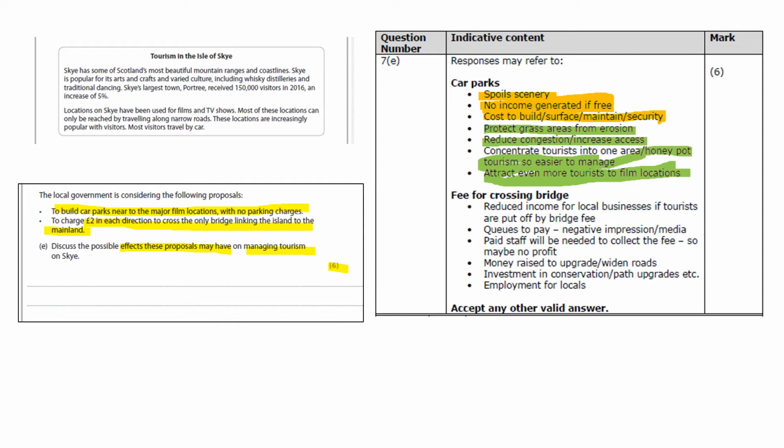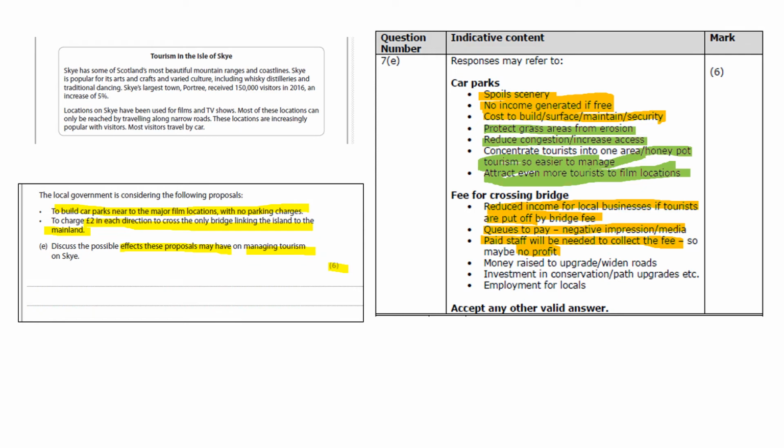In terms of the fee for the bridge, again, we can think negatives. Well, if fewer people come because they don't want to pay the fee, then it's going to be less income. If you've got to pay, you've got a queue, that's going to create a negative impression. You don't have to pay people to collect the money unless you don't have machines, so that may not be a profit.